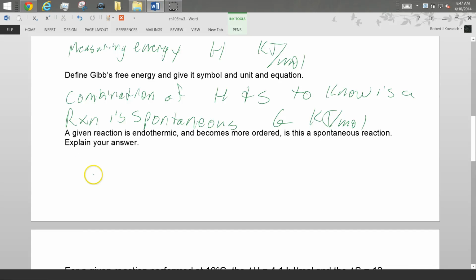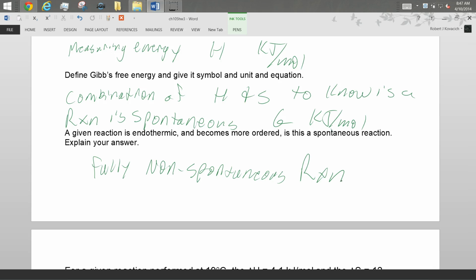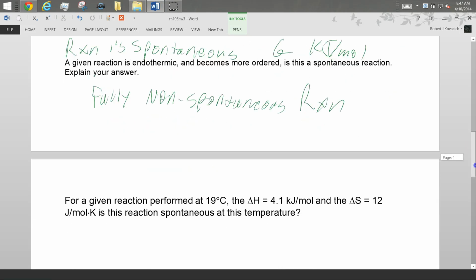This is a fully non-spontaneous reaction. We're doing exactly the opposite of what nature wants. So we're charging a car battery, or a tree making glucose, that kind of stuff. It needs constant energy input for that to work.